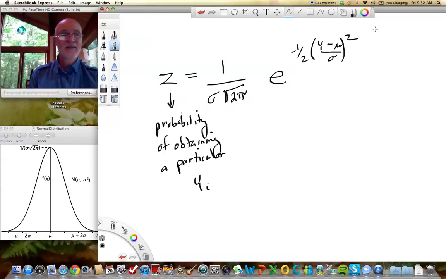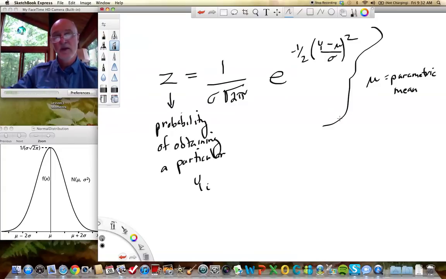Okay, so this is a mathematical formula for that probability density function. This doesn't assume the parametric mean is 0, because it's looking at the deviation from the parametric mean. But this is the parametric mean from which the observation has been drawn. So we have some kind of parametric population, and sigma is the parametric standard deviation.